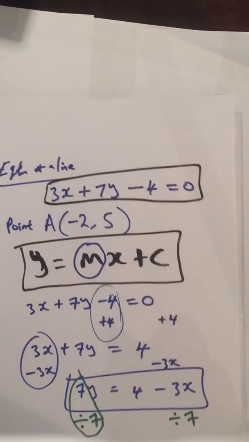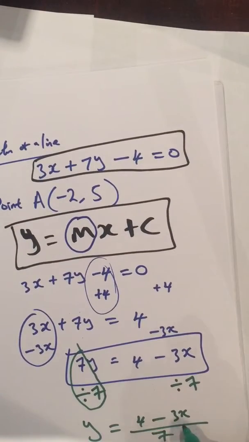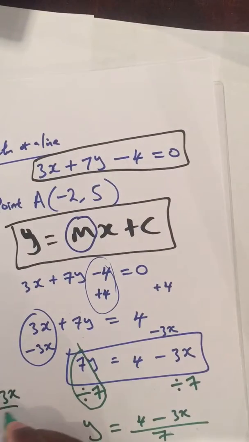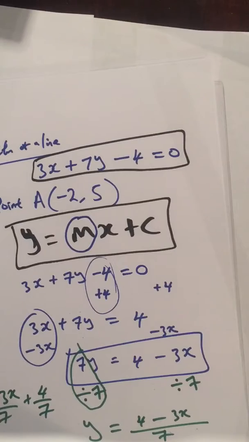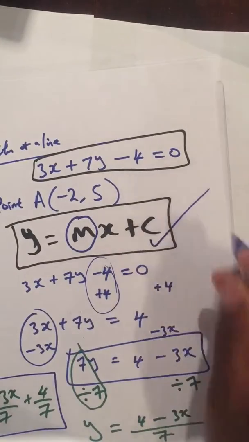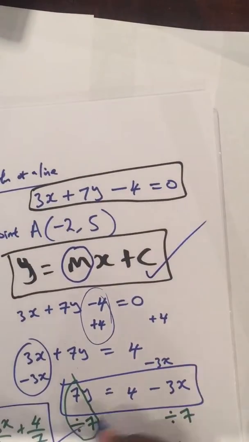So in this case, we decided to separate 4 and negative 3x away. So the answer now is y equals, I'm going to write the minus 3x first. So minus 3x over 7 plus 4 over 7. Now, please, I want you to be the judge of this. Can you compare this to that and tell me what the gradient is?